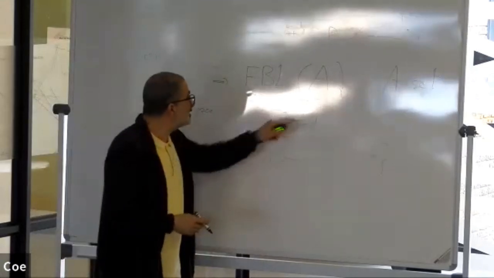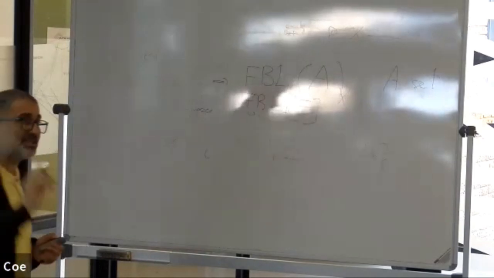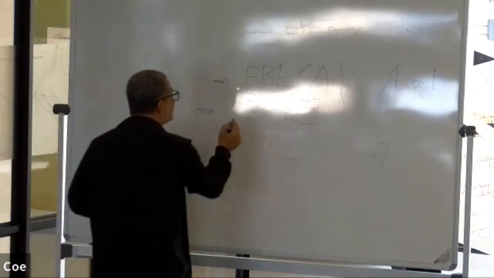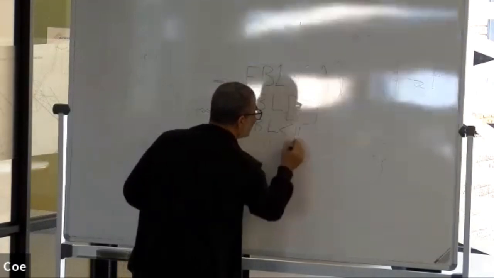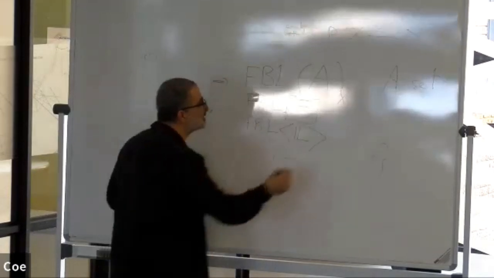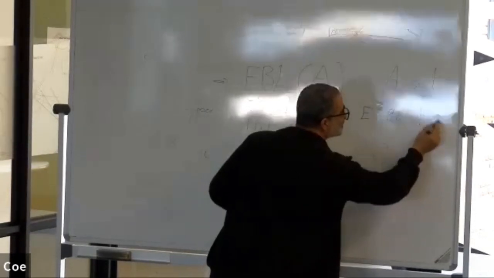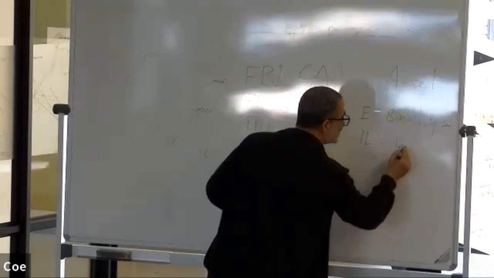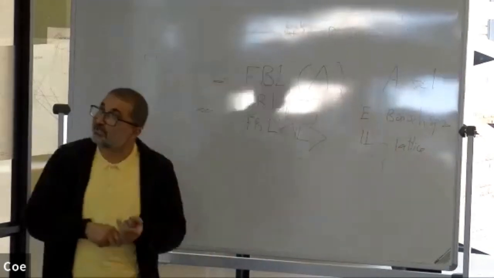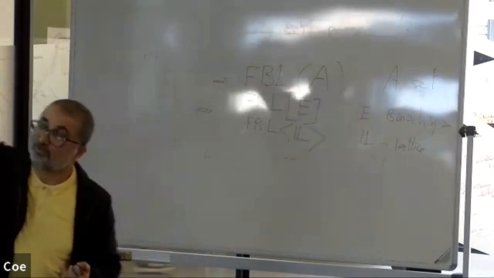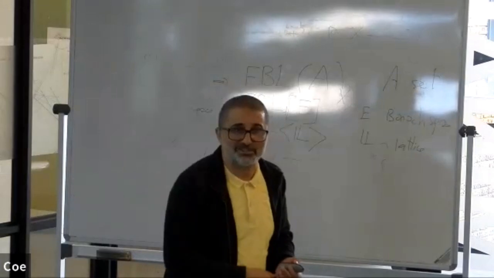And it can be a lattice, so we have another notation. E is a Banach space, and L is just a lattice. The first means that if you start with a set, there is no connection between elements of the set.